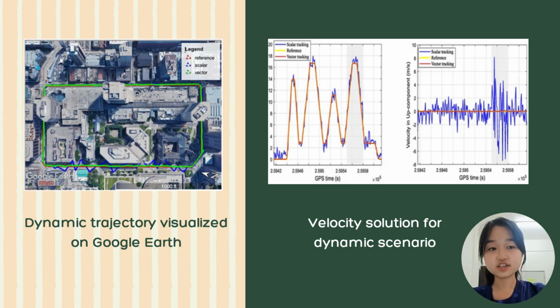The figure illustrates that the vector-based receiver maintained an outstanding navigation solution despite the attenuated satellite. Similarly, the second figure shows that the velocity estimate of the vector-based receiver was more accurate compared to that of the scalar-based receiver, especially during the time interval at which PRN1 was attenuated.